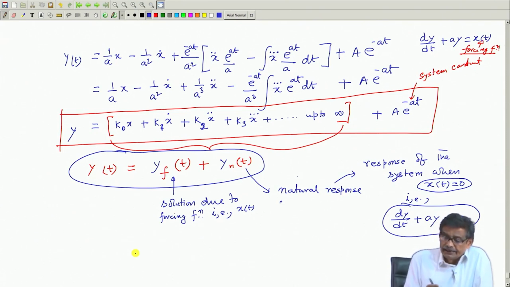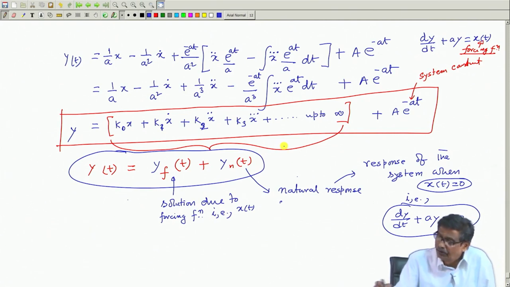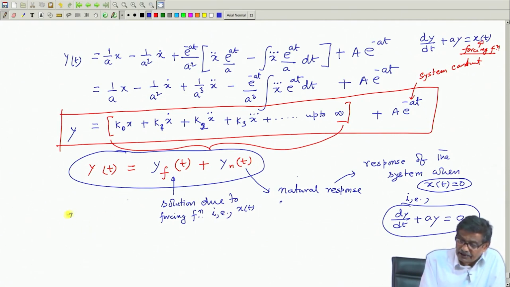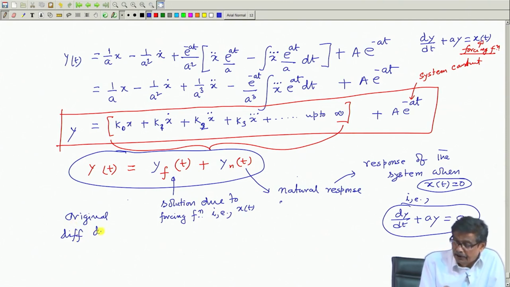Now, this is the solution of what? The original differential equation, very interesting, I am telling you, if you please follow me: dy dt plus a y is equal to x t.